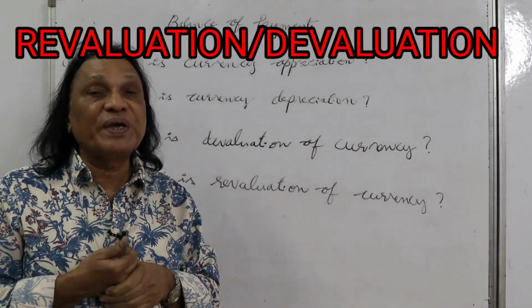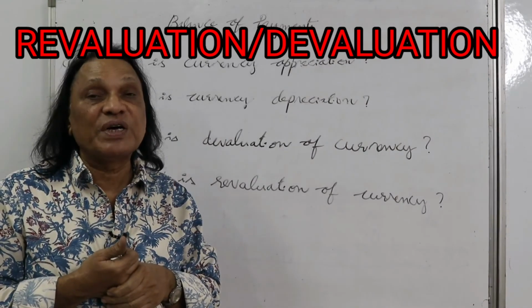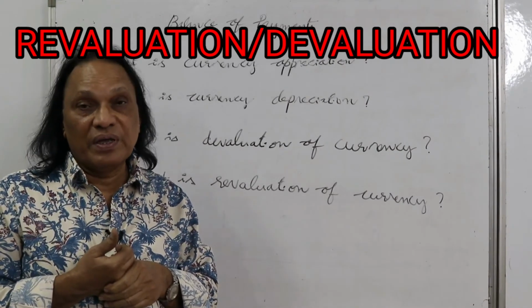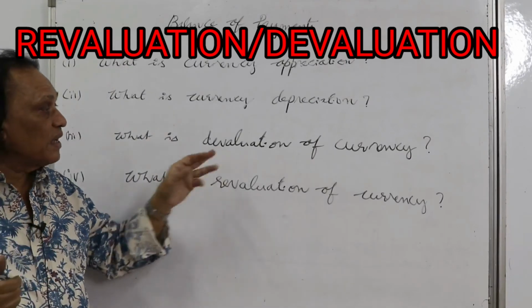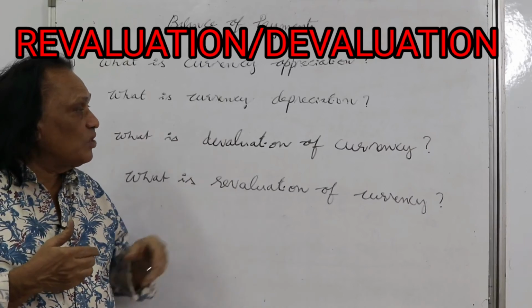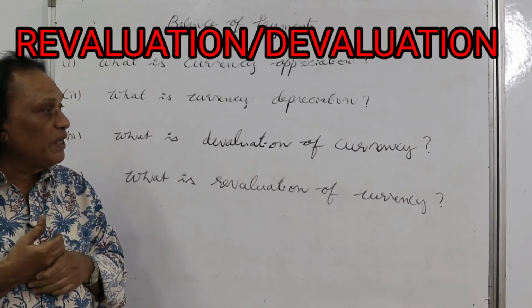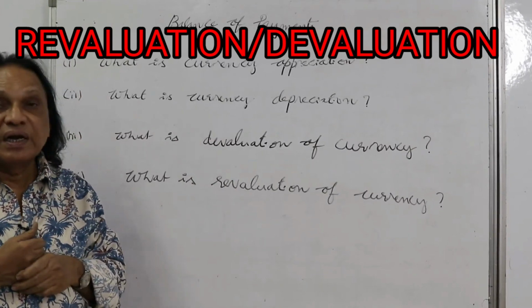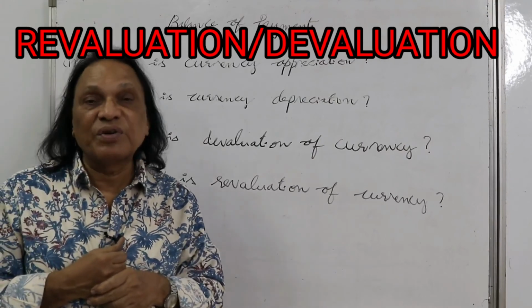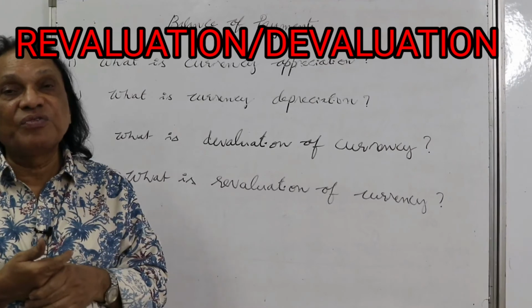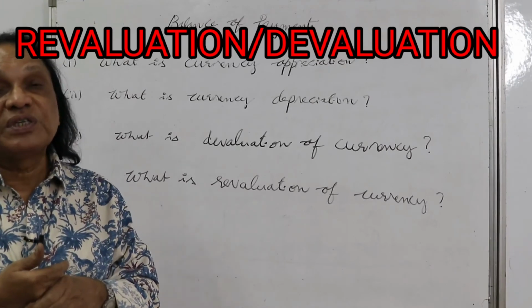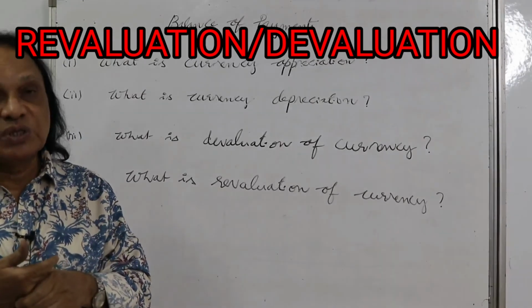We have to pay them more rupees, their goods look expensive to us, hence our exports will go up. In this case, devaluation, we devalued our currency under fixed exchange rate system, again our exports will go up. The impact is the same, the only thing is under which regime or system you are using it.